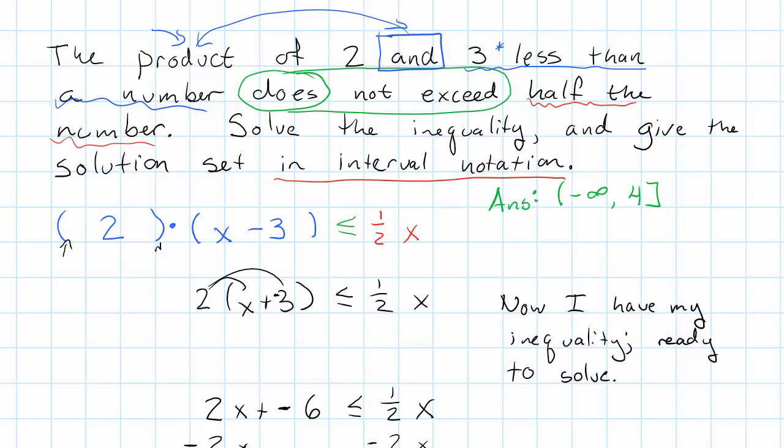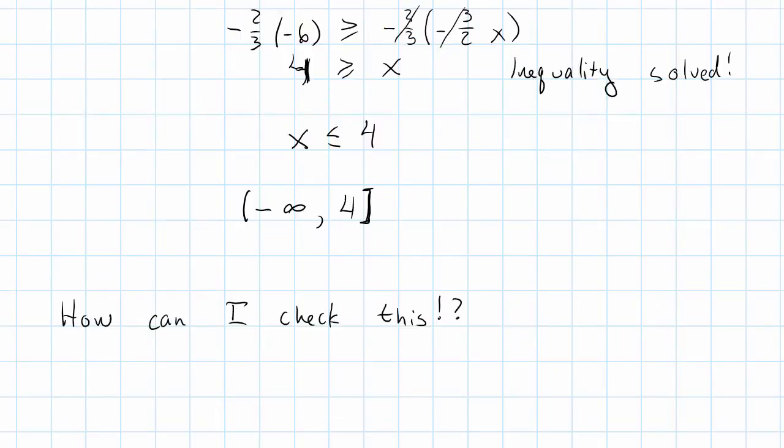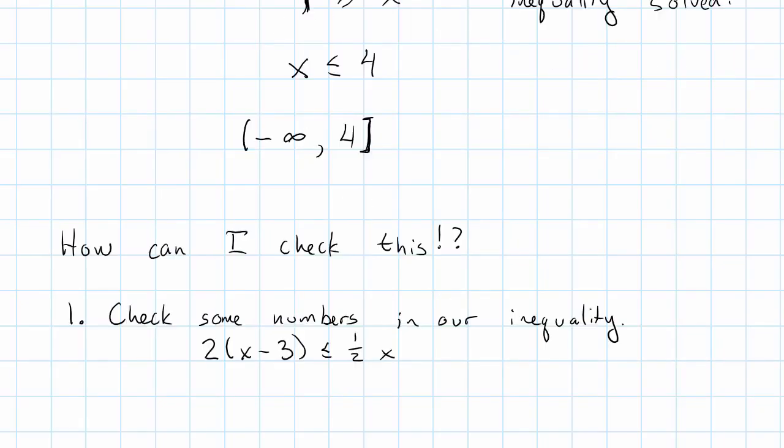There was so much going on here. How could I possibly check this? First thing we should do is check some numbers in our inequality. Our inequality was 2(x minus 3) is less than or equal to 1/2 x.